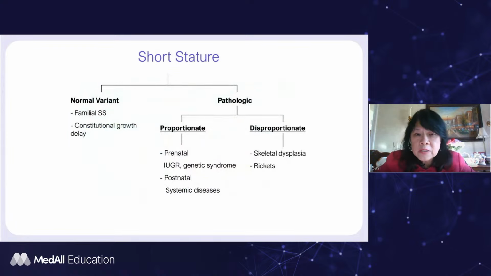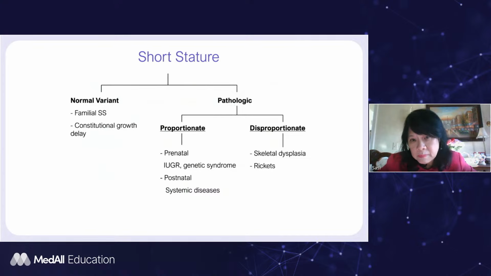If we evaluate short stature, we should approach it by thinking about the causes of short stature. We have quite a large number of patients that present for short stature that turn out to be a normal variant, familial short stature or constitutional growth delay.